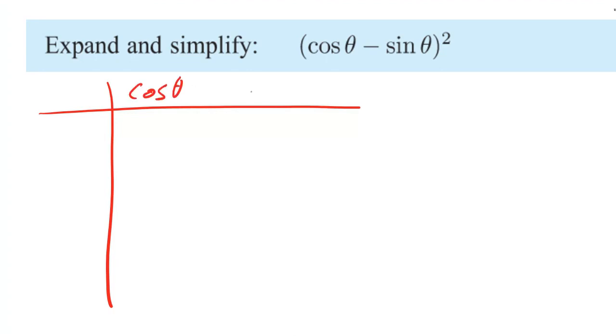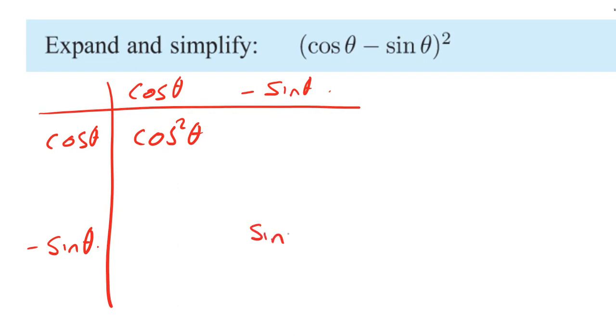Cosine theta and a minus sine theta multiplying by a cosine theta and a minus sine theta. So cosine theta multiplied by cosine theta is, of course, cosine squared theta. And minus sine theta multiplied by minus sine theta is going to be a positive sine squared theta too.